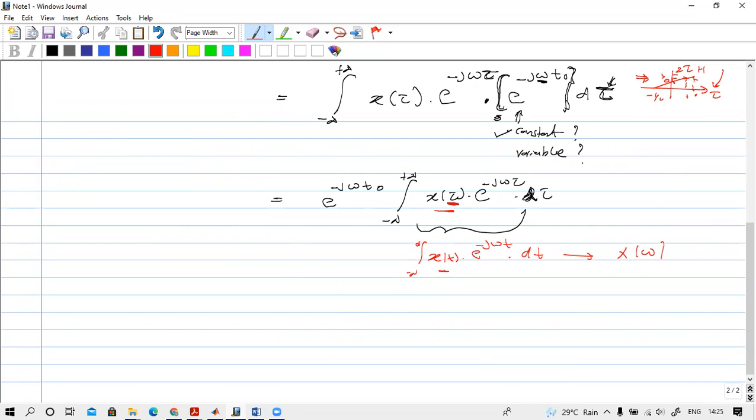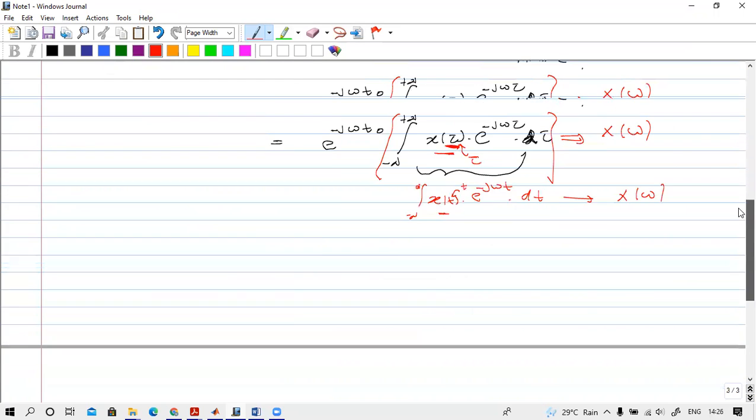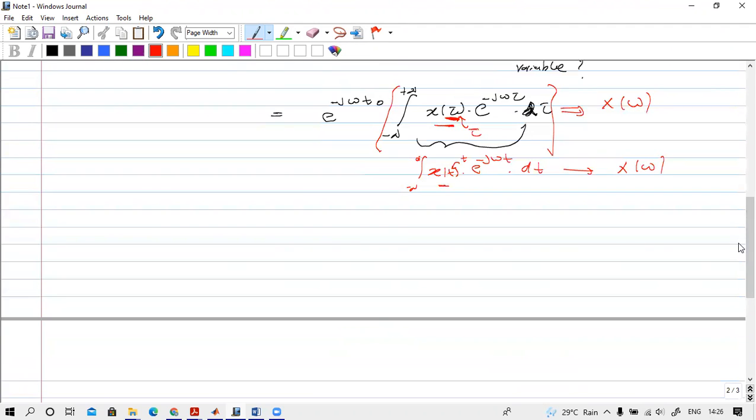This tau is just a letter for the independent variable. Here the independent variable is denoted by t, here it is denoted by tau. No difference. So this one also we can consider as X(omega). I hope you can understand. If you couldn't understand, please let me know, then I can explain it again.